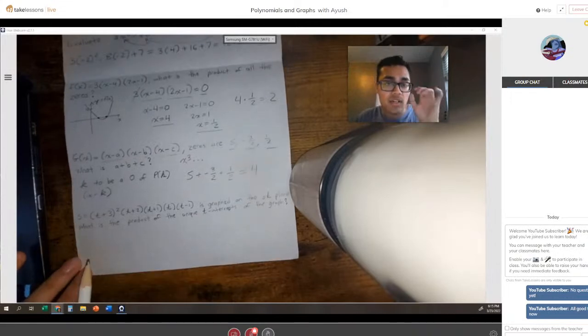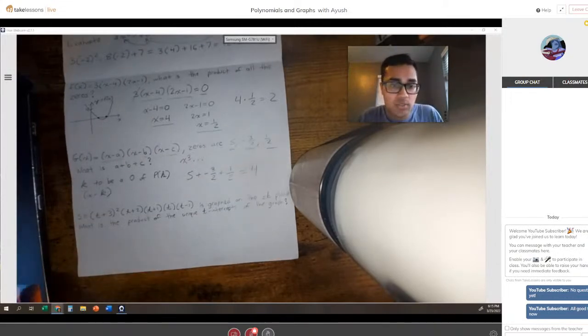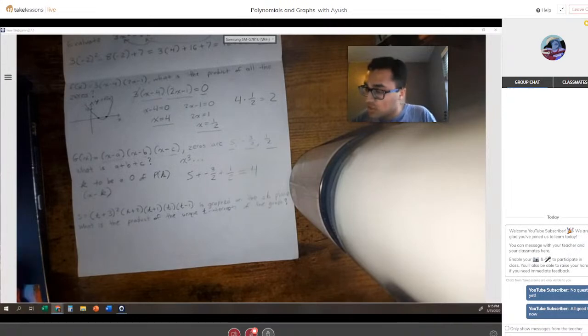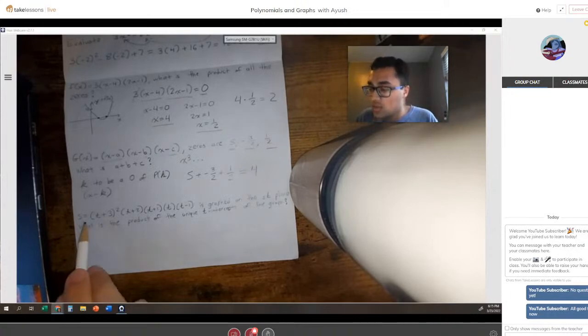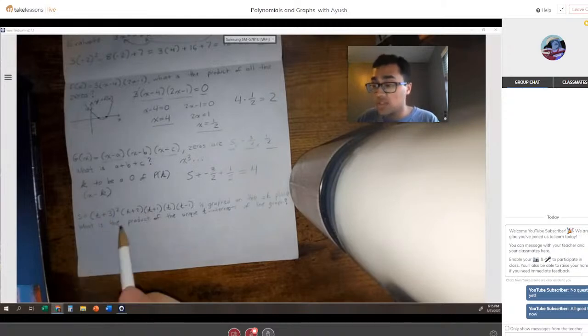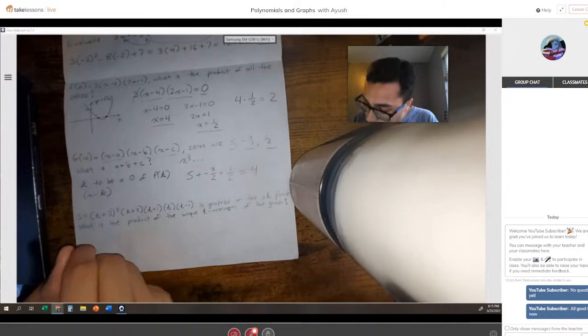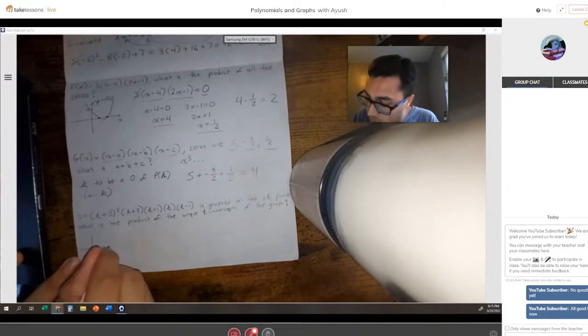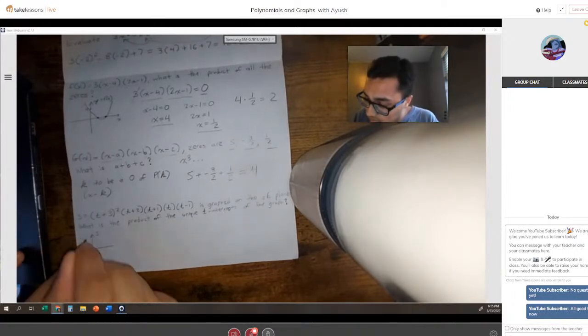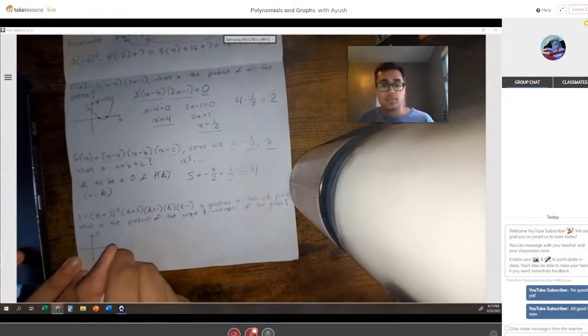It's at the bottom here. And if that's a little bit hard to read, I will just read it out for you slowly. So we have this function, right? In this case, we've just changed the letters. S equals, in parentheses, t plus 3 squared times t plus 2 times t plus 1 times t minus 1, right? So we have it here, a coordinate plane where we have S and T, like that.